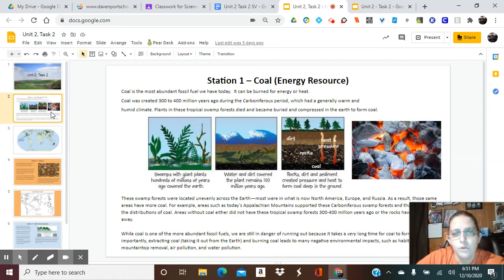Coal. Coal is the most abundant fossil fuel that we have, and you burn coal for energy. You have to mine coal because it is down pretty deeply into the ground.